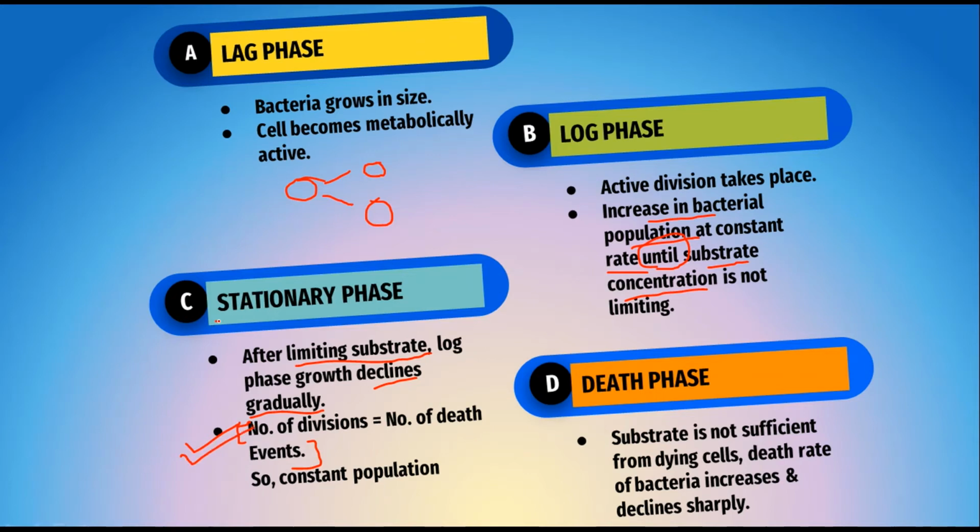Stationary, as you know, means constant. So here is the constant rate, so constant population. And then we have the death phase, which is the last phase of the bacterial life cycle. The substrate is not sufficient for dying cells, and the death rate of bacteria increases and the population declines sharply. Understood till here? It is very easy.